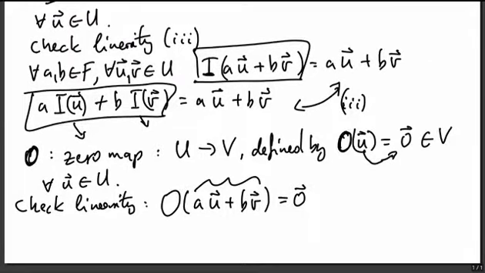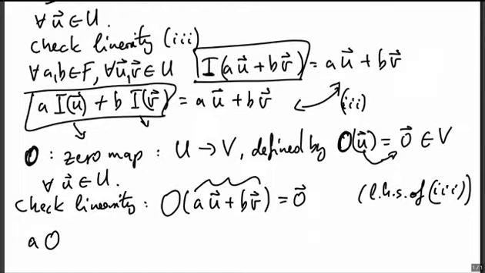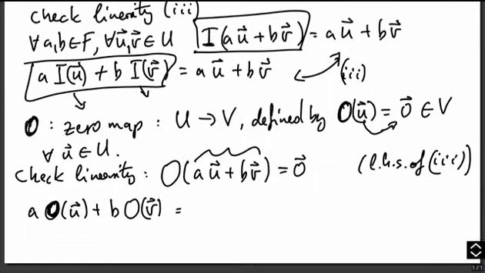Then we check the right-hand side of 3. The right-hand side is a times the transformation of u plus b times the transformation of v. Now for these parts, the transformation gives us the zero vector always. So what we get is a times the zero vector plus b times the zero vector.